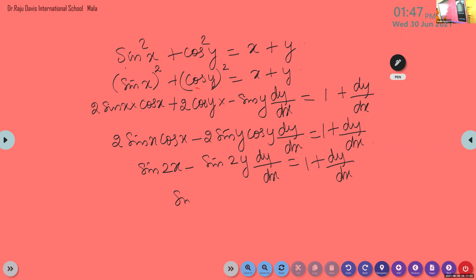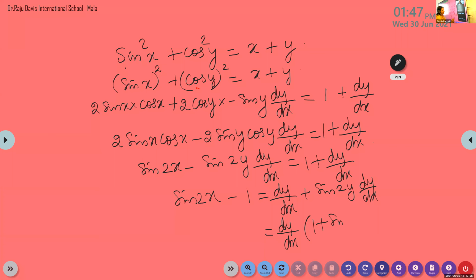So, sin 2x plus 1, if we take to the other side, minus 1 is dy by dx plus sin 2y into dy by dx. Collect the terms without dy by dx to one side and terms with dy by dx to the other side. Now, from here you take dy by dx as common.